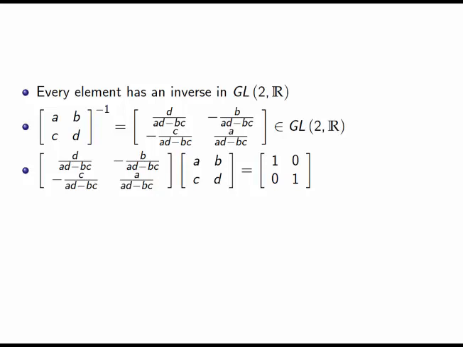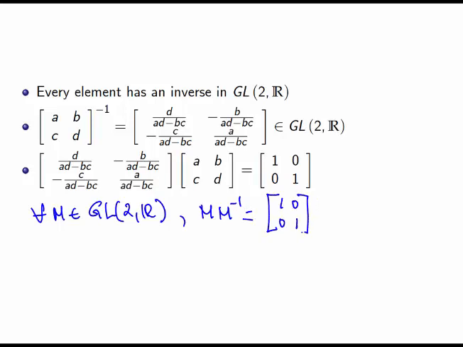In fact, you can check also that for every M in the general linear group, M times M inverse is the identity, [[1,0],[0,1]], and M inverse times M is also the identity. So every element has an inverse, as expected.